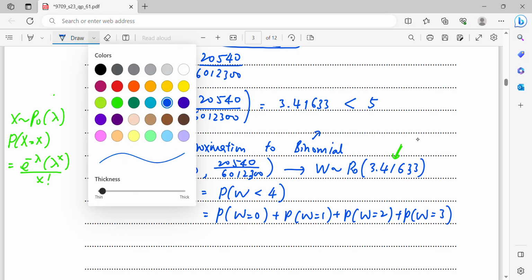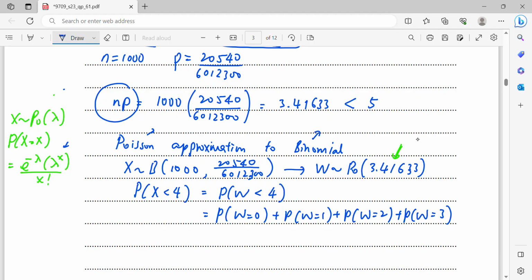By applying the formula, I will get e to the minus 3.41633. For all these probabilities, the e minus lambda is a constant and the variable will be the x. That means I will factorize the e minus lambda, and then write lambda to the power x over x factorial.